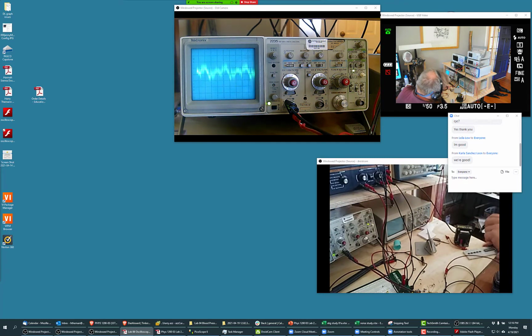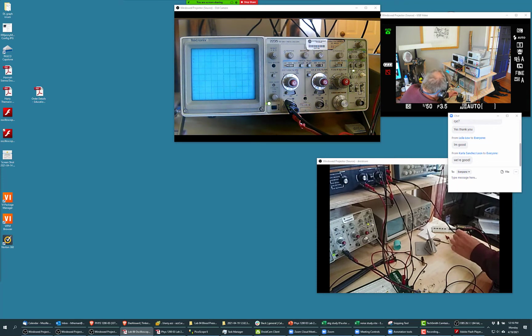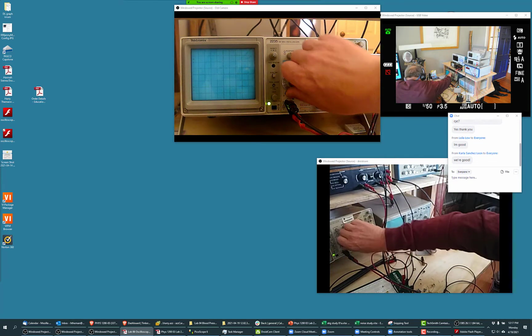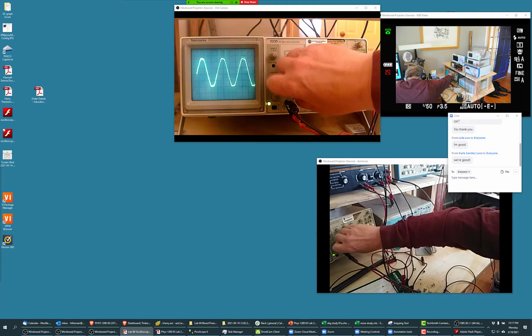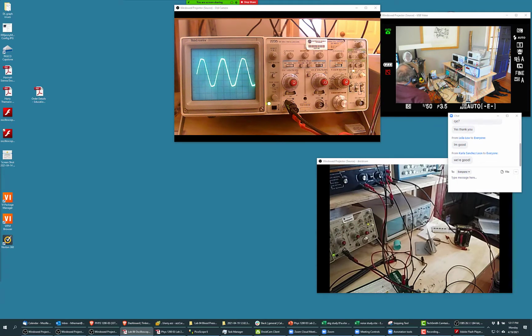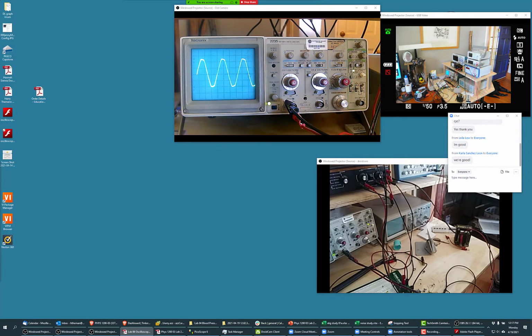And it went off the screen, so once again we adjust it. It's not a perfect sine wave, this transformer. I don't know, something's wrong with it. And so they want you to make a sketch of this one.